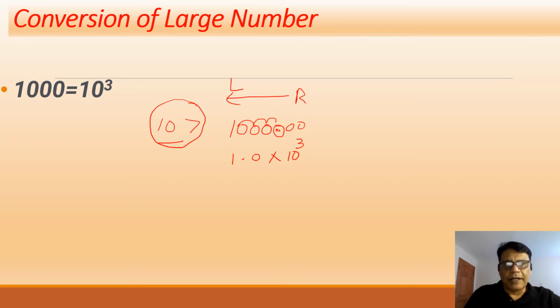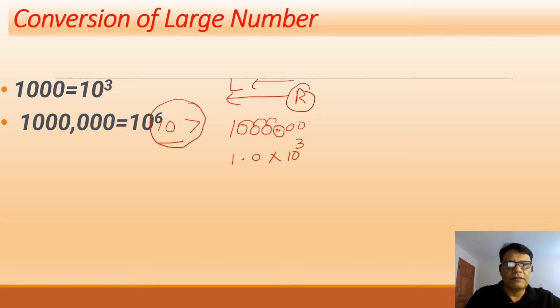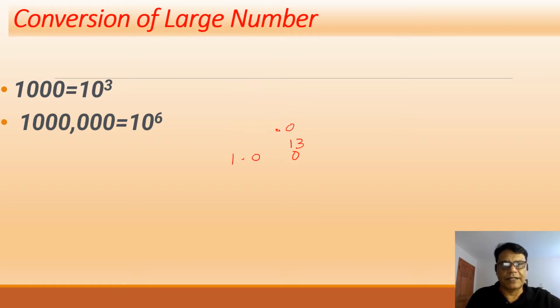So again, when the decimal point moves from right to left, the value of the exponent of 10 will always be positive, and it will be positive 3. Let's see what happens in the second case.